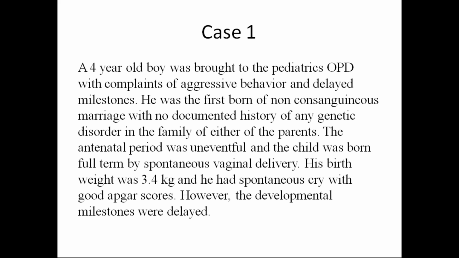After looking at all these 5 components, a scoring system of 1 to 10 is given. An Apgar score of 7, 8, 9 is considered normal. So in this case, the Apgar score of the baby was good at the time of birth. Please read carefully the presenting history and complaint of this child.